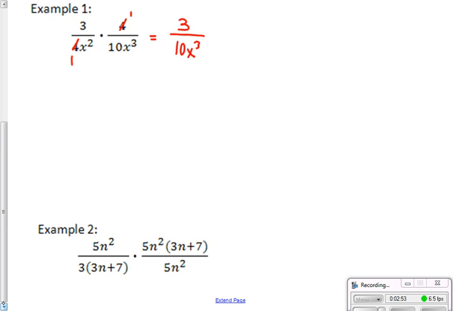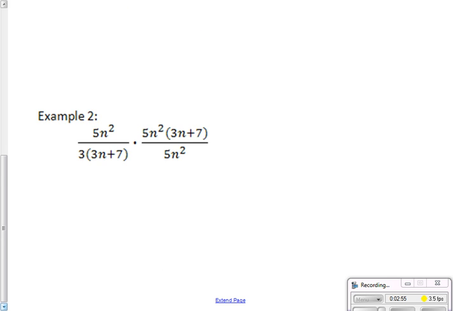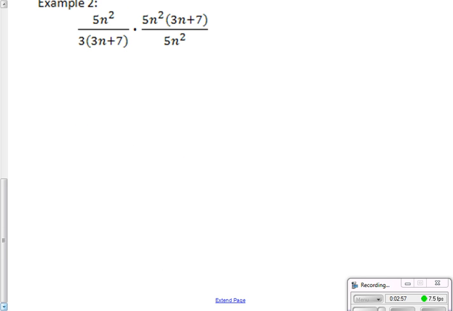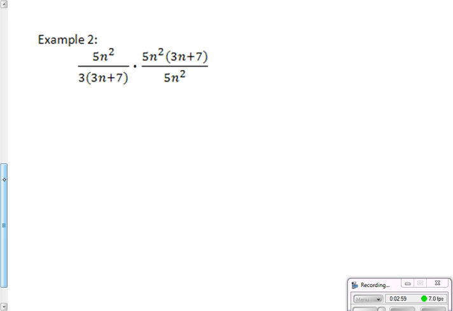Example 2. Same scenario here. Look to see where you can reduce within the problem. So I look, and I can actually take a 5n squared out of the top. If I take it out of the top, I have to take it out of the bottom. I also can take a 3n plus 7 out of the top.